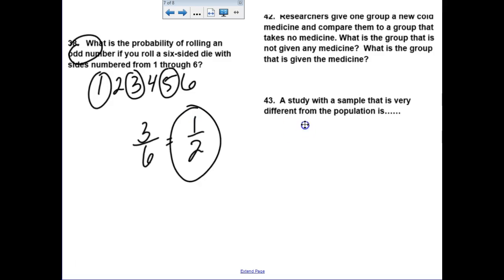All right, researchers give one group the new cold medicine and then compare it to another group that takes no medicine. So the group that has no medicine, we call the control group. And then the other group, the group that is given the medicine, is called the treatment group.